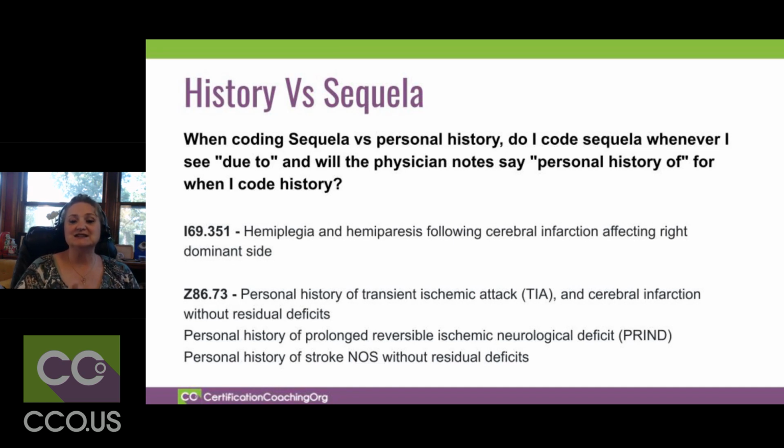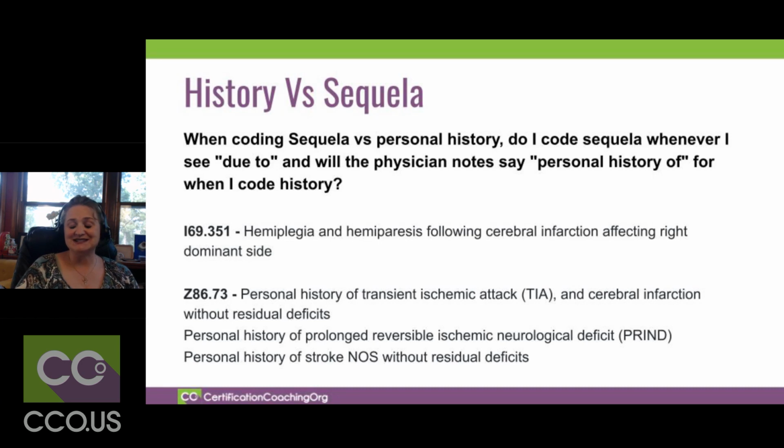I69.351. This is a sequela code, or a late effect, or a residual. Okay, and it's not a personal history code. You are coding that the patient has a history of a stroke, but the verbiage is that the patient had a stroke, now they have a sequela.